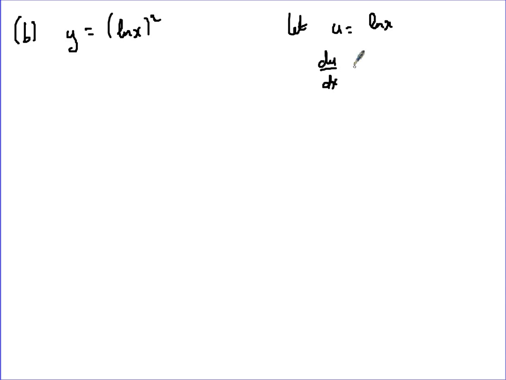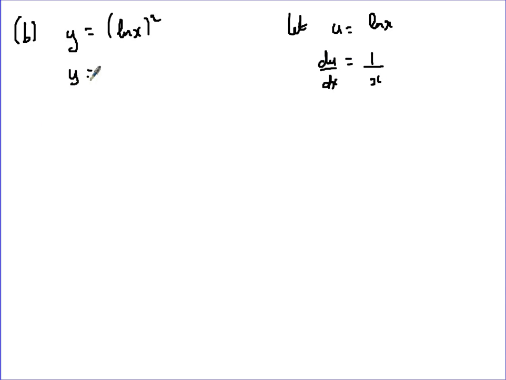Part B, given that y equals ln x all squared, find dy/dx. So part B, to make this easier, I'm going to let u equal ln x. So du/dx then is 1 over x.